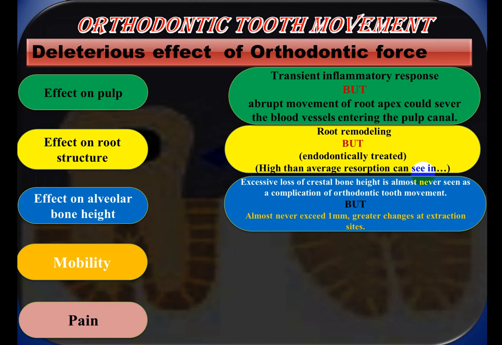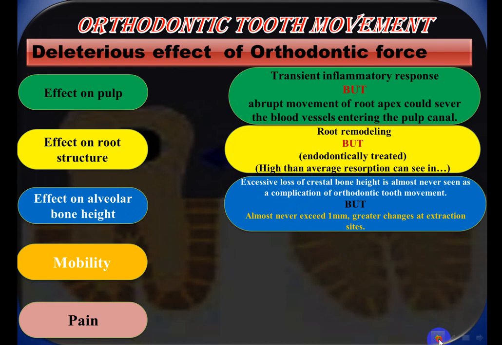But if it does occur in some cases, it will never exceed 1 millimeter, and this will occur only in the cases of extraction sites. Okay, so there will be no complication on the alveolar bone height, no alveolar bone loss, as a deleterious effect of orthodontic tooth movement.